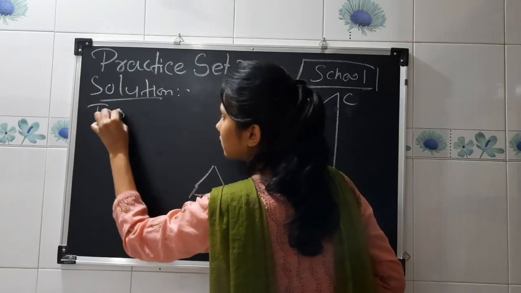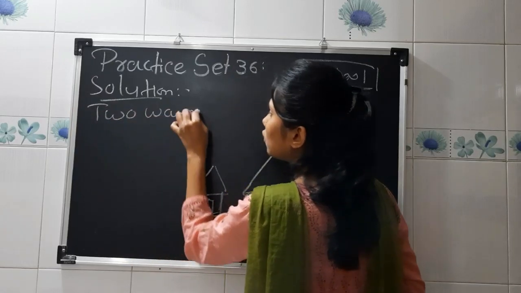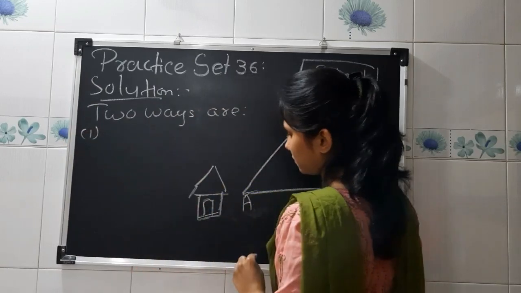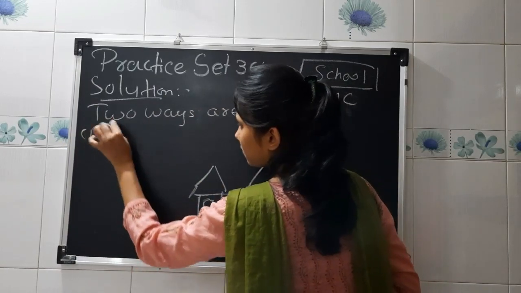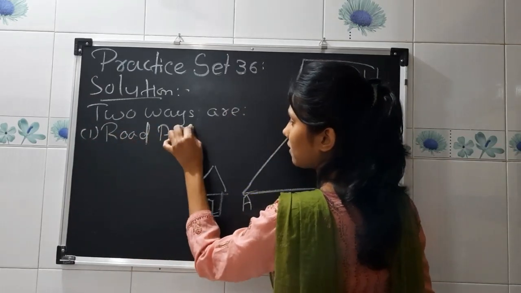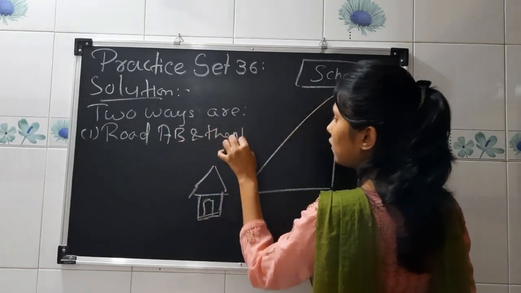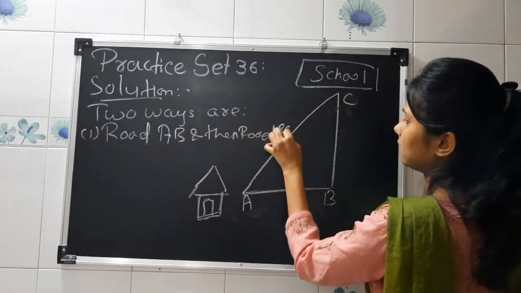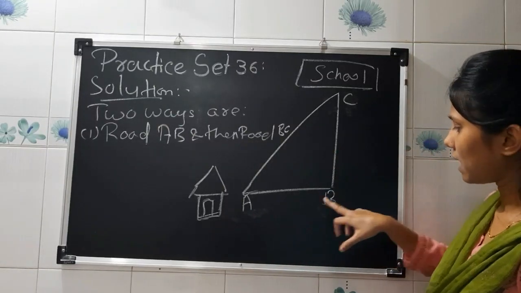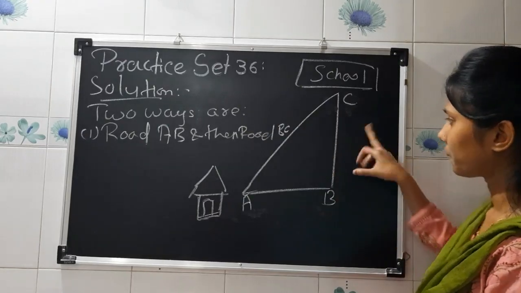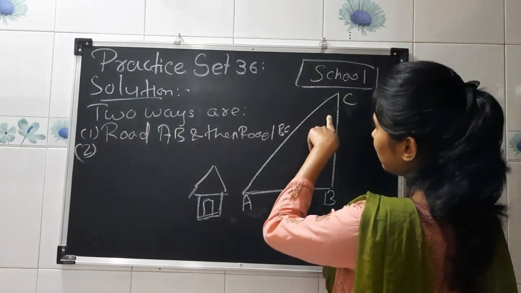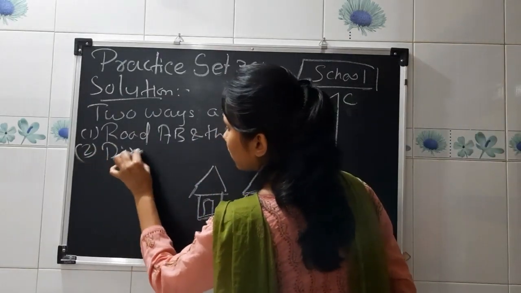First, two ways are, first is road AB and then road BC. Road AB and then BC. Either he will go from the road AB and then BC like this, or he can go from the road AC, that is the direct road.